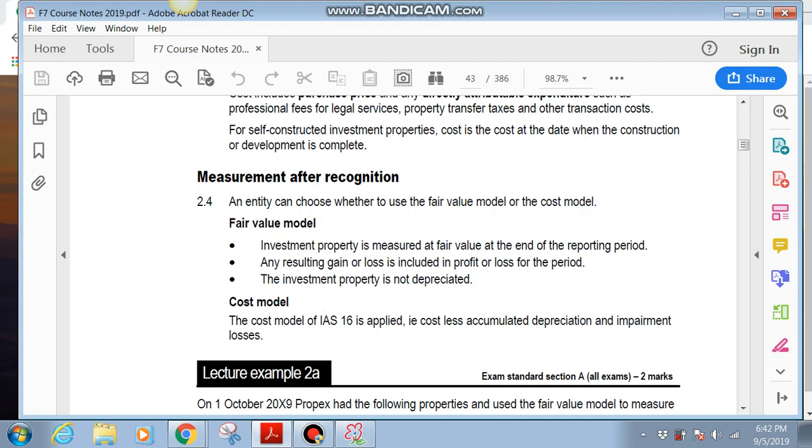If you revalue an investment property, it is measured at fair value at the end of the reporting period. Any resulting gain or loss will all go to profit or loss for the period.